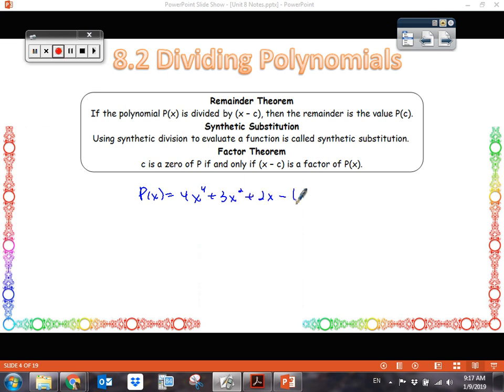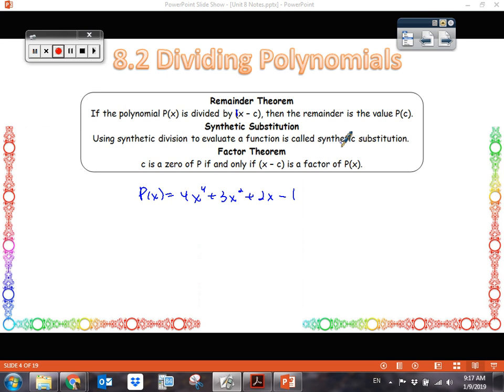So we have a polynomial and it's divided by x minus c. In this case, if you're dividing by just x minus c, to the first power, you could use synthetic division, that's fine, if we're just trying to find the remainder, because that's what this remainder theorem is.